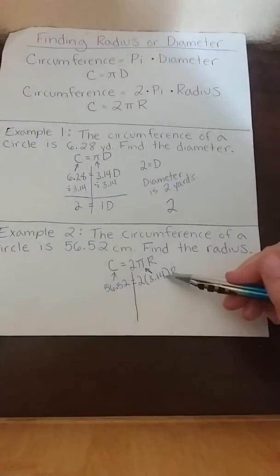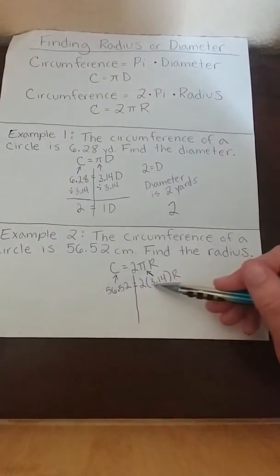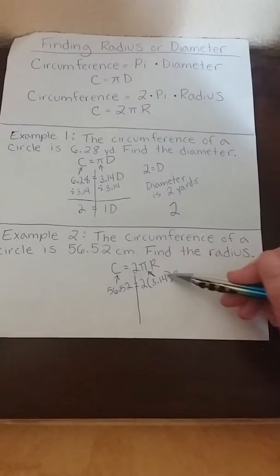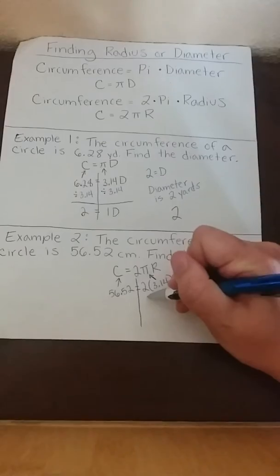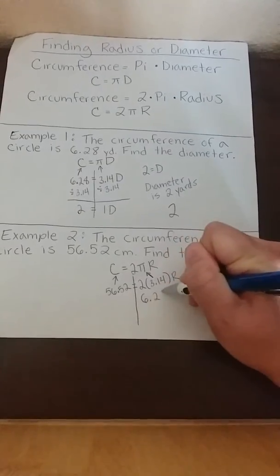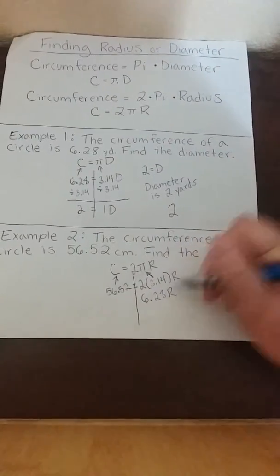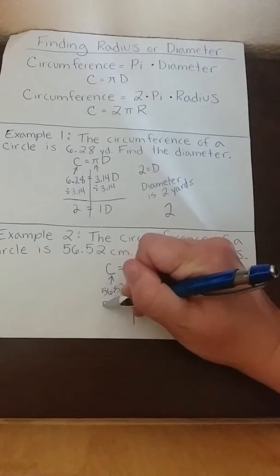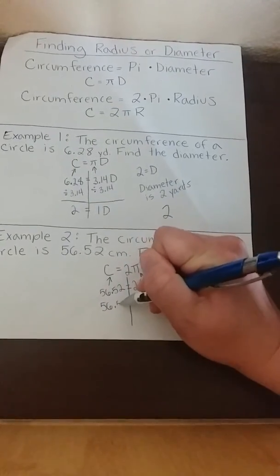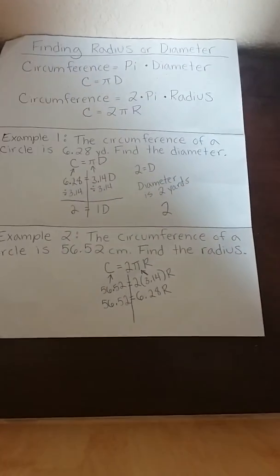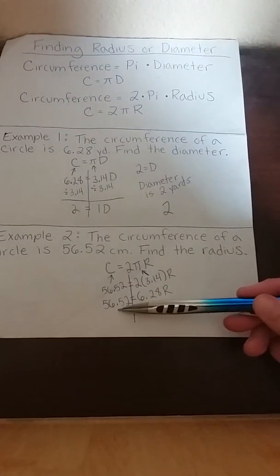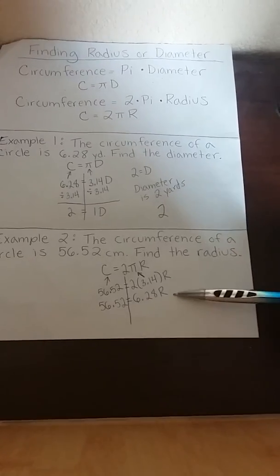There is multiplication that you can do on one side of the equation. Since these are on the same side, I can multiply them. 2 times 3.14 is 6.28. I bring down the r. So now my equation is 56.52 equals 6.28r.